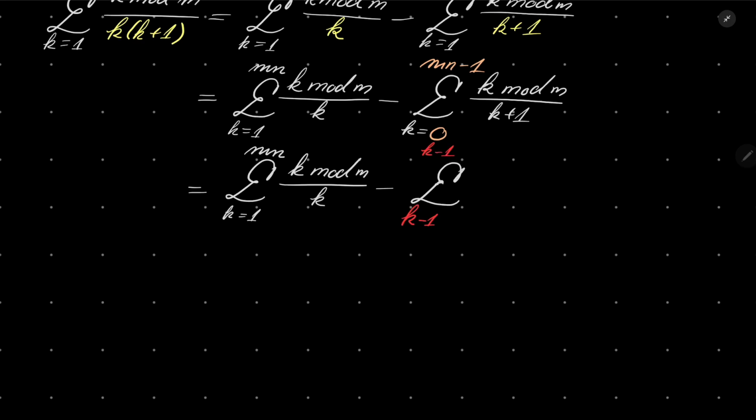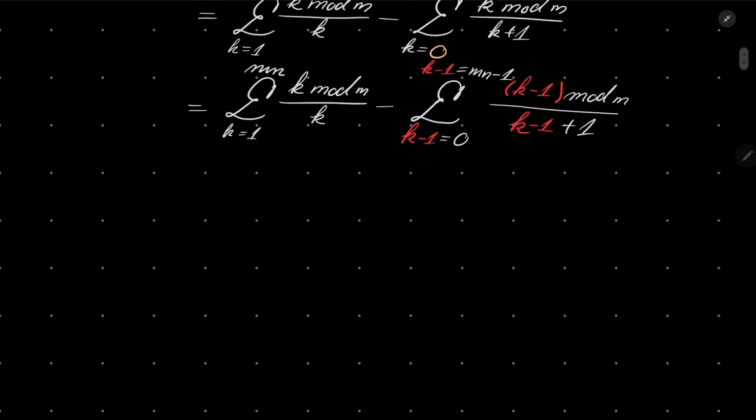So k minus 1 goes from 0 to mn minus 1. Well, instead of k, I have k minus 1. And here in the denominator, I will have (k minus 1) plus 1. Very well. And now, let's notice the following.